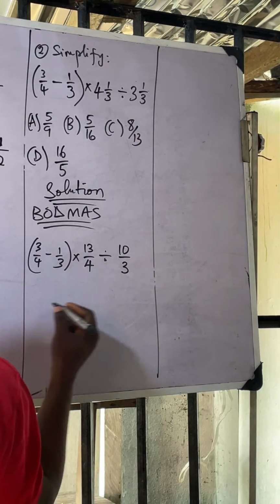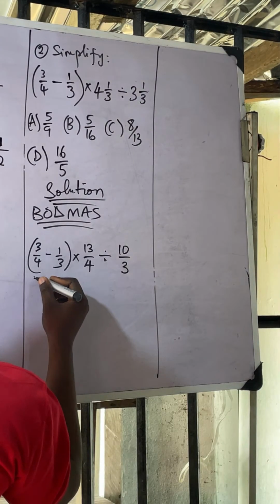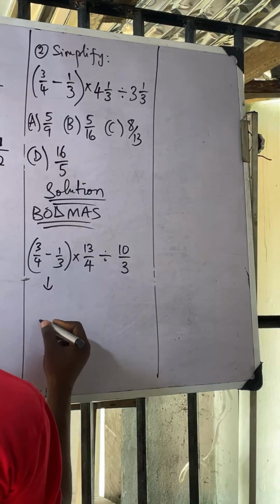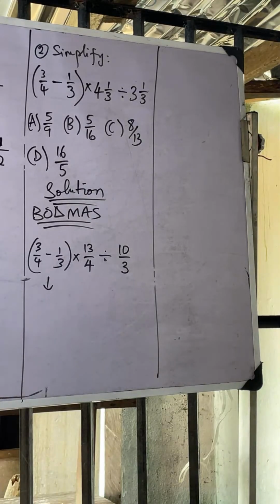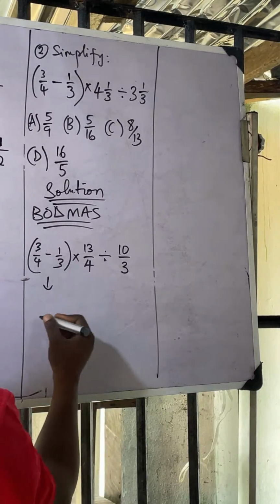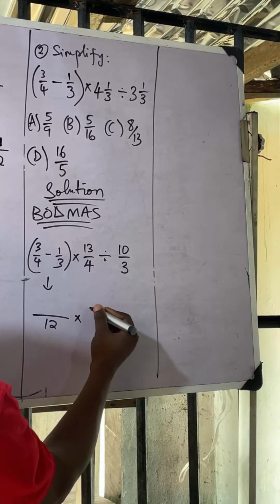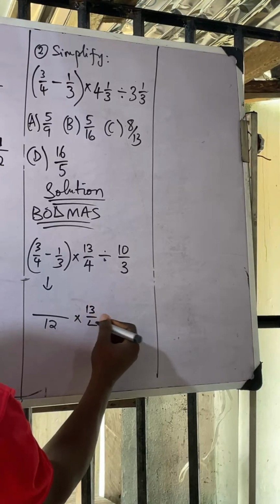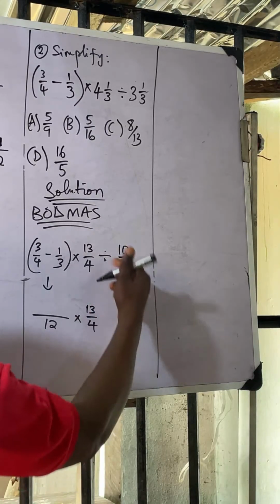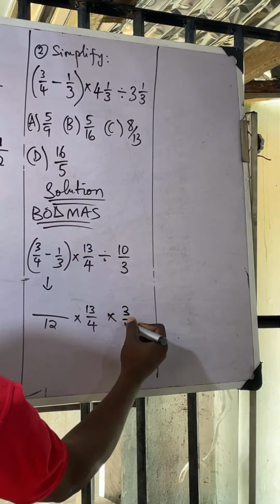Now we can actually work on it. Let's find the LCM of this first. The LCM between 3 over 4 and 1 over 3, what can 3 divide and 4 divide? That is 12. So what I will do here is this over 12. I will still do times 13 over 4 divide by. Even here, if you want to turn division to multiplication, you say times 3 over 10.